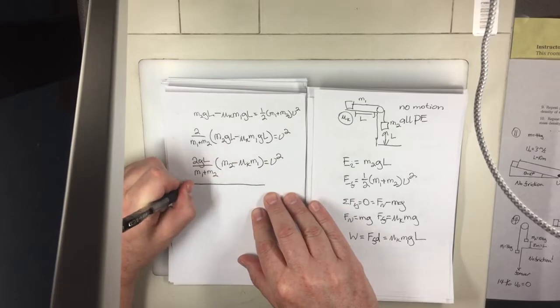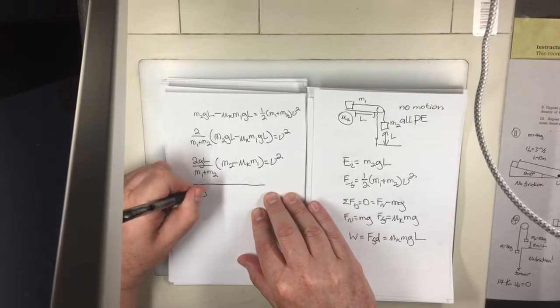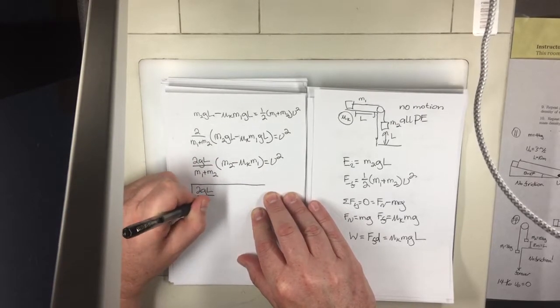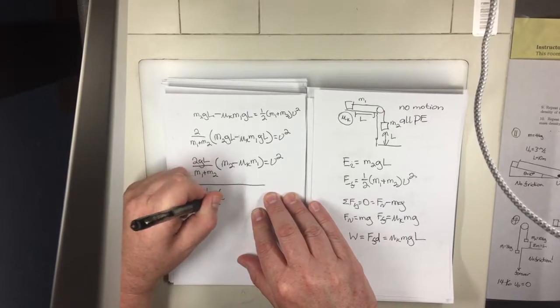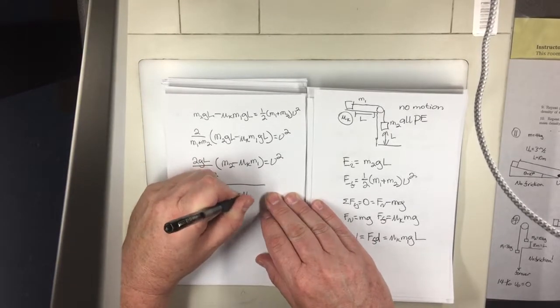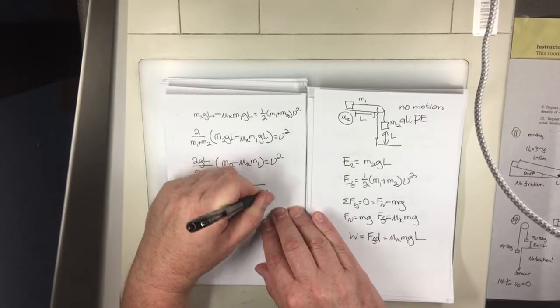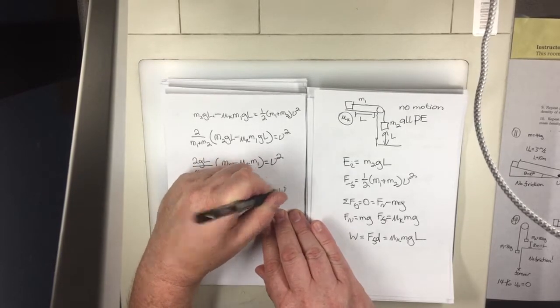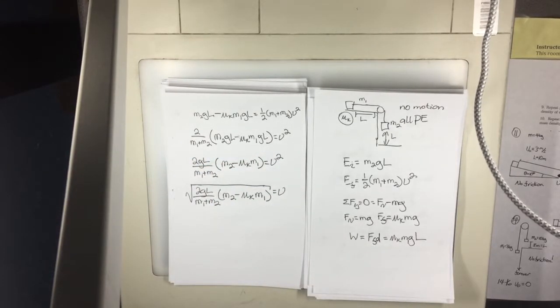Which means that the square root of 2gL over M1 plus M2 times M2 minus mu sub k M1 is equal to V. And so that's it. That's the solution.